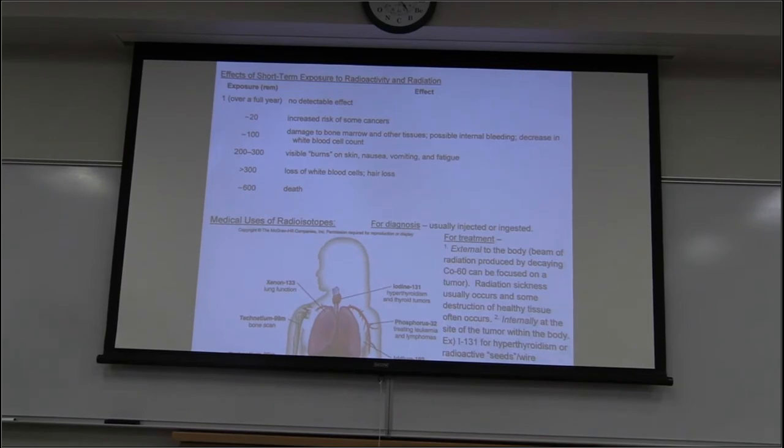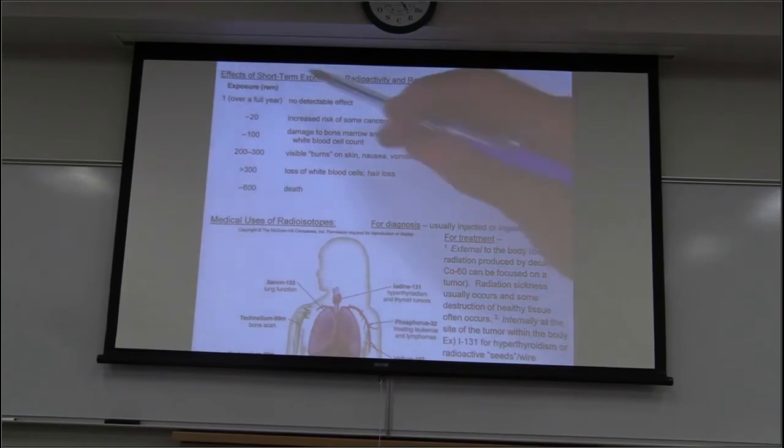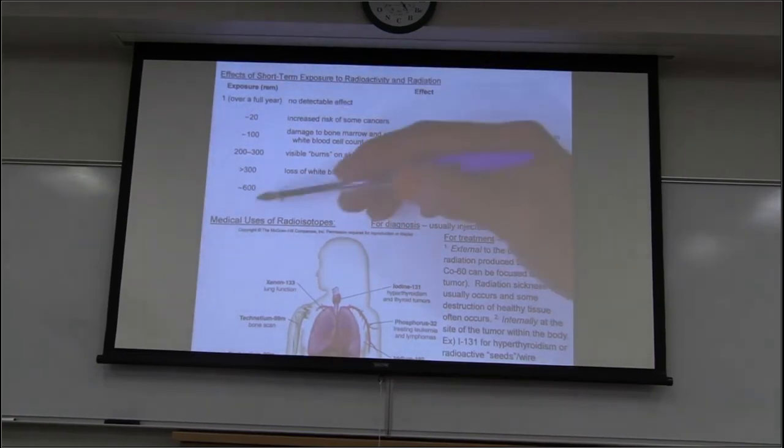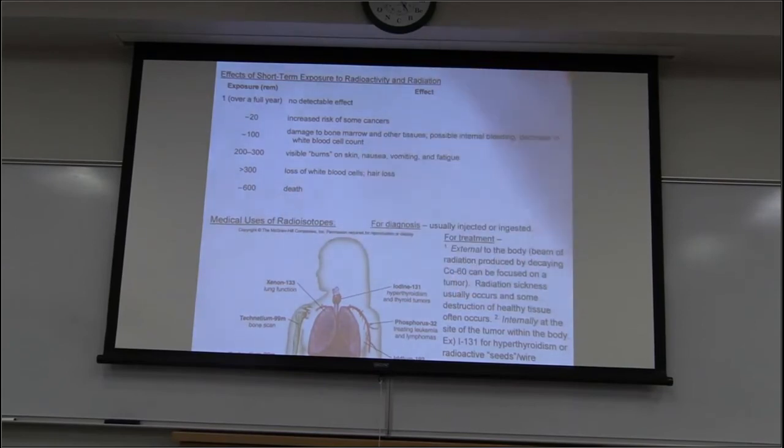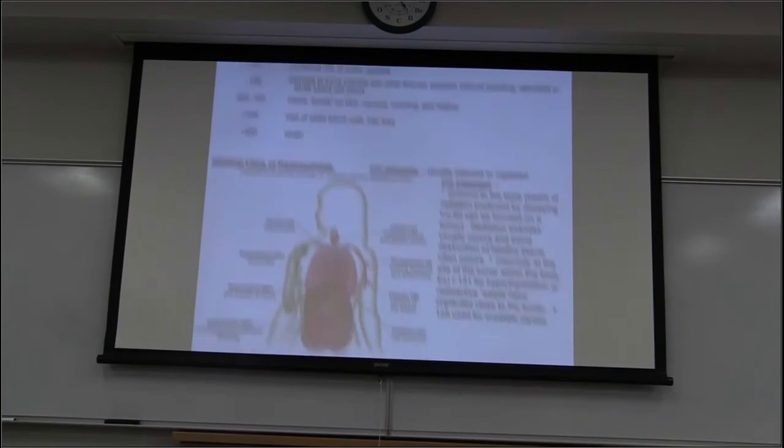They may have nausea, they may have illness, just feel bad. Those are all some of the symptoms. And then if you have approximately 600, you'll be dead. So there's a huge range of what hurts you at all versus what kills you versus you're not going to have any effect. So how's it used in medicine?